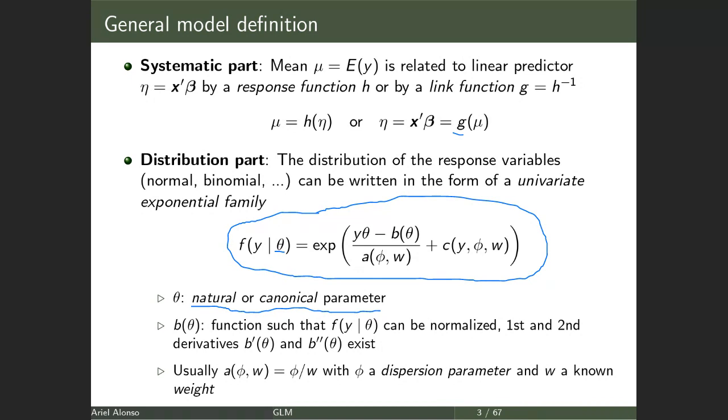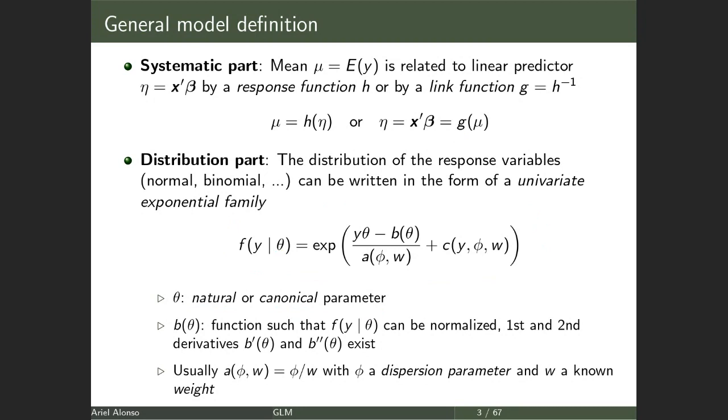What is this B function over here? Well, it's a very important function when you're dealing with the exponential family. Here you have the canonical parameter, we call it theta, and now you have in this expression a function of theta that we call B of theta. It's a very important element in the distribution. It's a function that guarantees that this is a density. What I mean by that is that it guarantees that you can normalize this density.